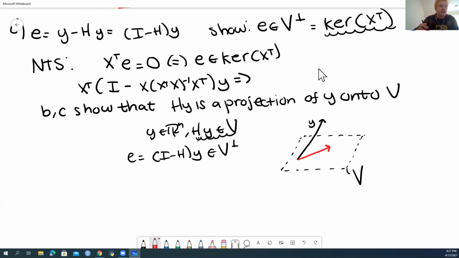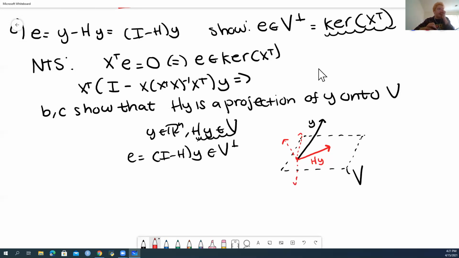We don't exactly know much about HY right now. We don't know if it looks like this, or that. It could look like anything. All we know is that it's somewhere in V. We don't technically yet know anything else about it.